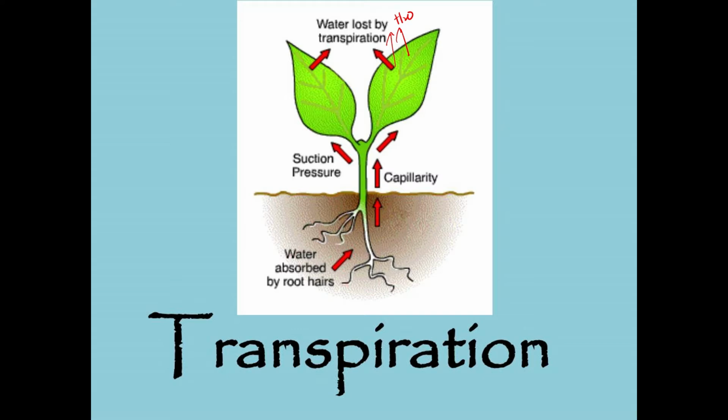This part of the leaf now lacks water, so it will produce a suction pressure. The suction pressure creates a force of attraction to attract the water from the root to the leaf.